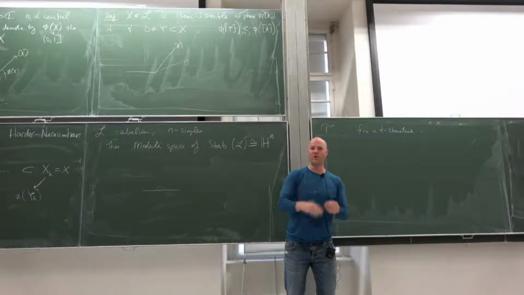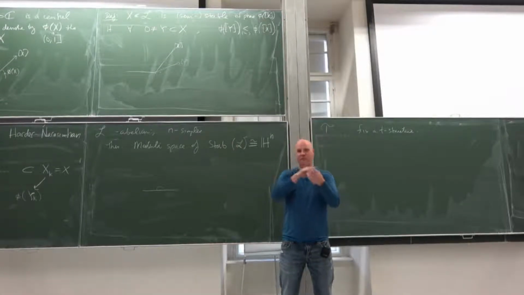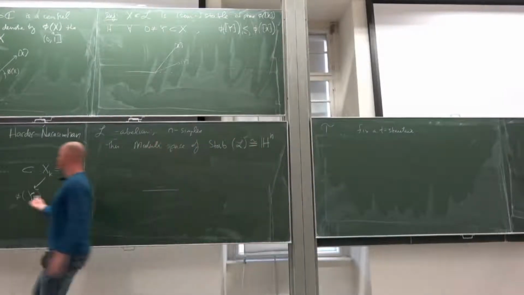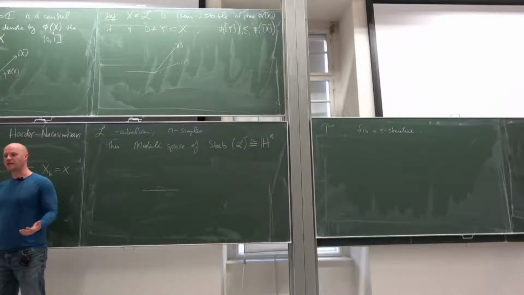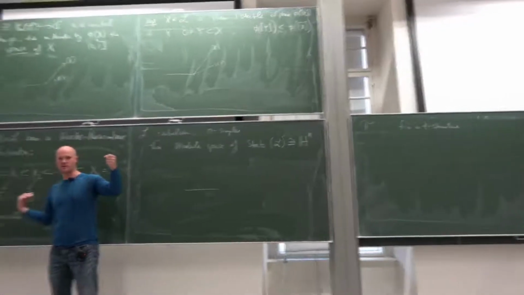If now we put a stability function on the heart, we can further filter all the objects that are in shifts of the heart so that the subquotients are semi-stable. Okay? That's what a stability condition on a triangulated category is. It's a T-structure together with a stability function on the heart.